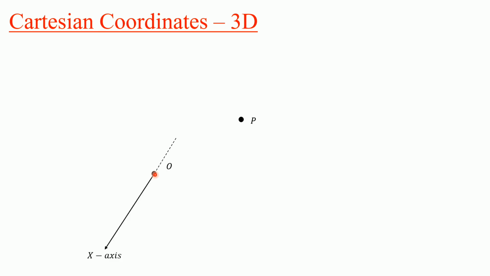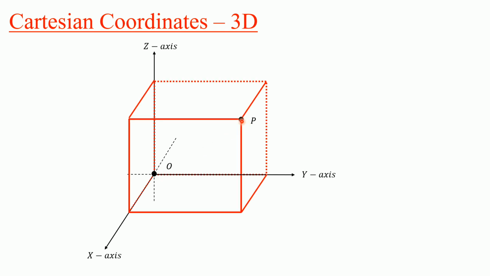So let us take this as our x-axis, this as y-axis, and this as z-axis. The box or cuboid whose one vertex is O and the diagonally opposite vertex is P is this. You can see here that O and P are diagonally opposite to each other. This distance along the x-axis, we'll call that the length.